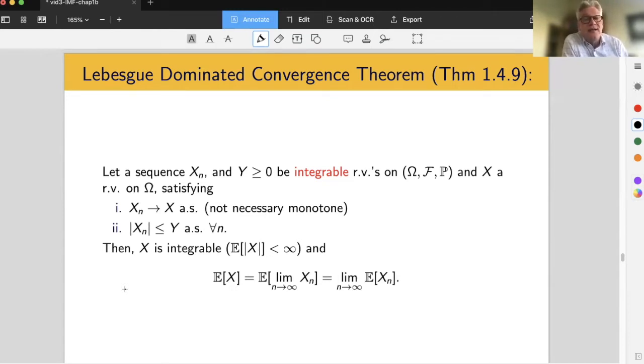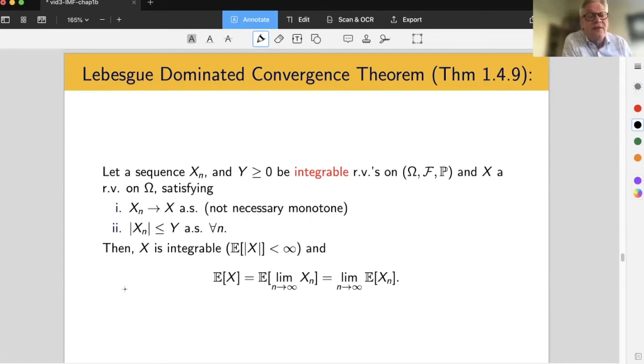Let the sequence xn exist, and moreover let y be non-negative, so let xn and y be integrable, and y moreover be non-negative random variables on a probability space (Omega, F, P), and x a random variable on Omega satisfying the following conditions. The sequence xn converges to x almost surely, and not necessarily monotone in this case, right?